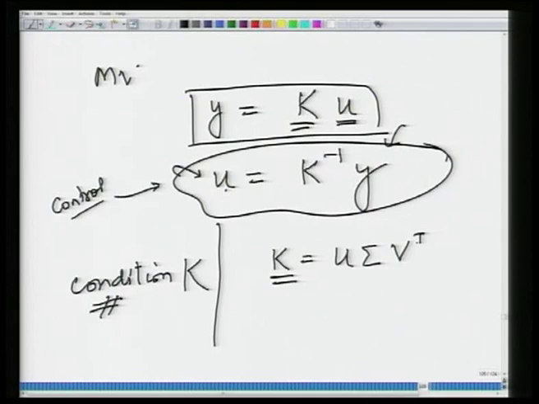There is always what is called a singular value decomposition, and in singular value decomposition what you get is U and V. Columns of U span which space?